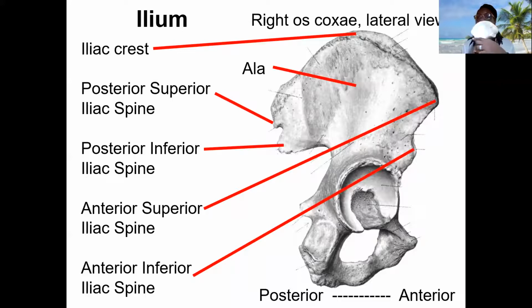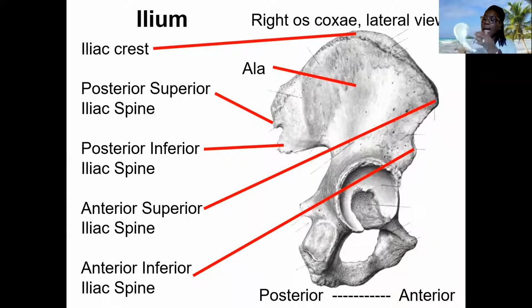Likewise, if we look at the anterior part of the ilium, we've also got two projections. The superiormost projection is the anterior superior iliac spine, and inferior to that, we've got the anterior inferior iliac spine. So anterior superior, anterior inferior, then posterior superior and posterior inferior.